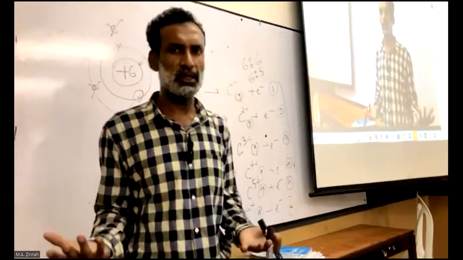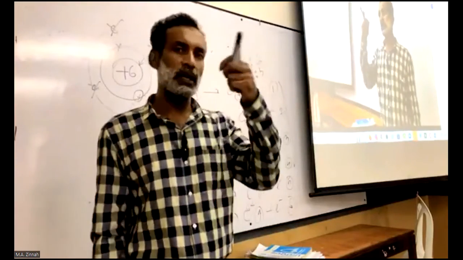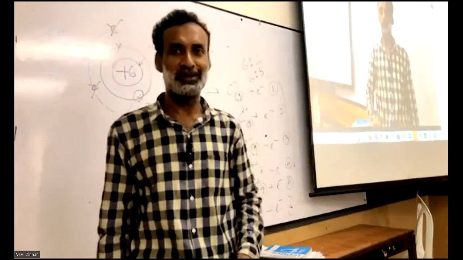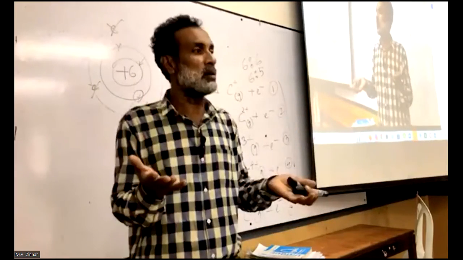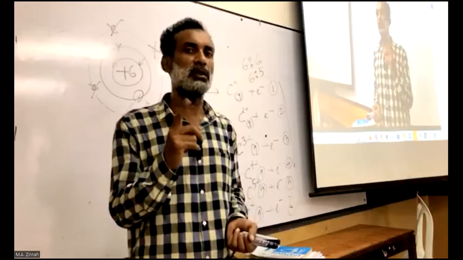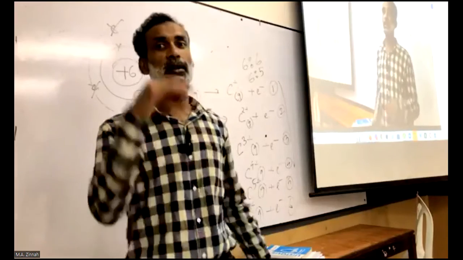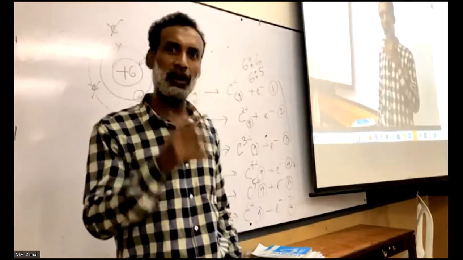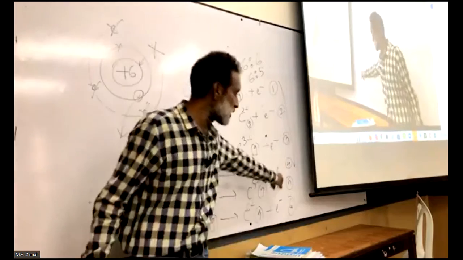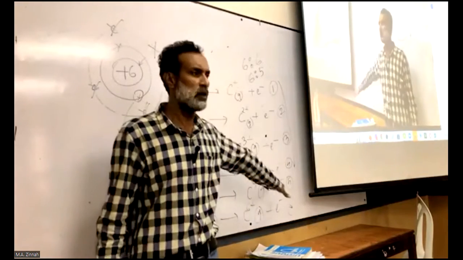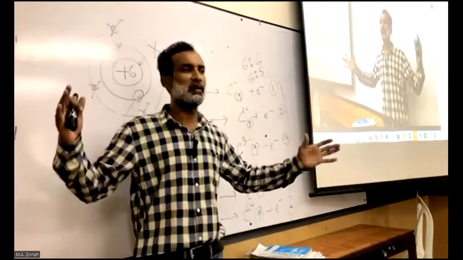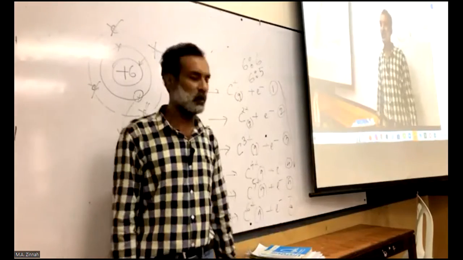And this increase is of 2 types. One is a gradual increase. Another is a sudden or sharp increase. So that you get between the 4th and 5th ionization, a big jump in the value.